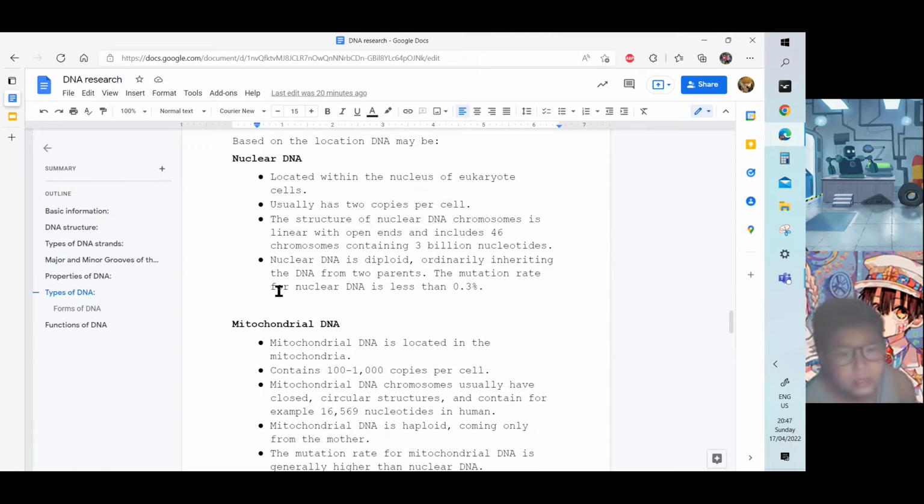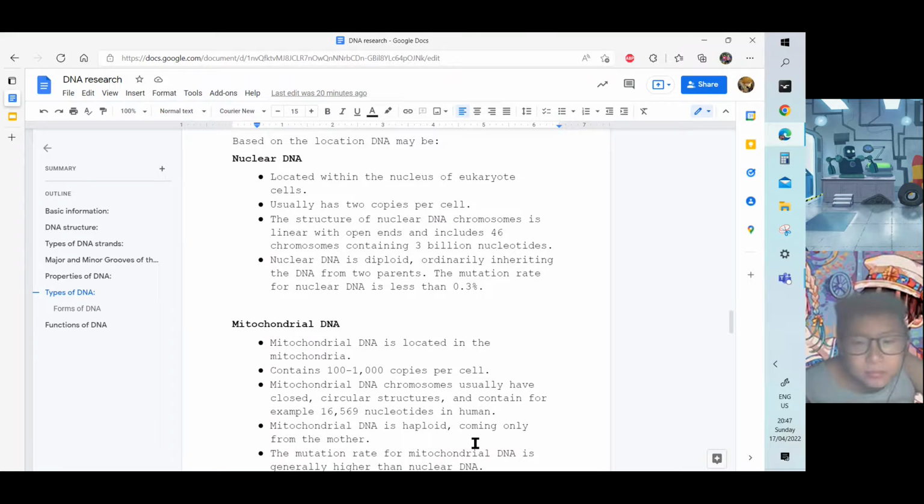And this is mitochondrial DNA. Mitochondrial DNA is located in the mitochondria, as the name suggests, and contains 100 to 1000 copies per cell.